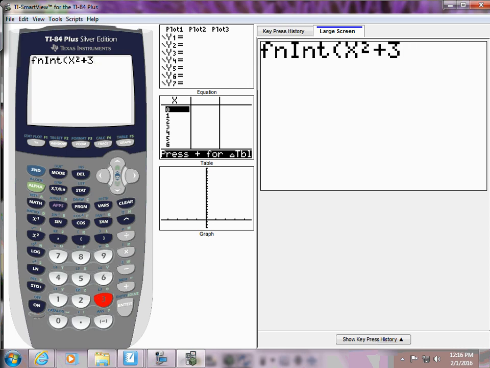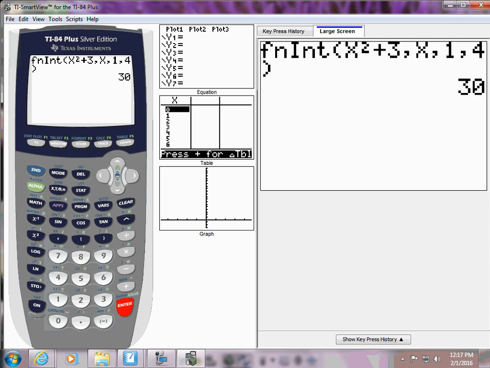Then you have to enter comma x. Always you have to put in the function, comma x. You're telling the calculator to treat x as a variable, not as whatever number is stored there. Now remember we want to integrate from 1 to 4. When we do it by hand, we plug in the 4 first and then the 1. On the calculator, it's lower then upper, not upper, lower. So on the calculator, you put in comma 1, comma 4. When you press enter, you get 30, which is what we got for that first example.